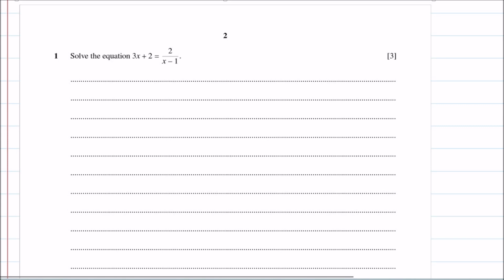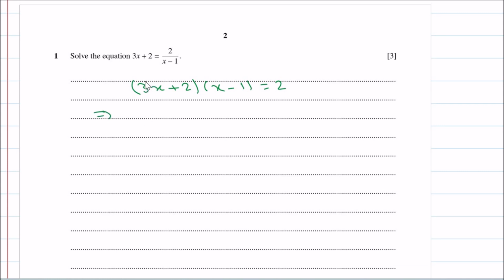What you can do here: one side we have a fraction, so we'll simplify first. So 3x plus 2, and this x minus 1 goes to the left side, it will be multiplied, and that is equal to 2. Now let's expand the bracket.